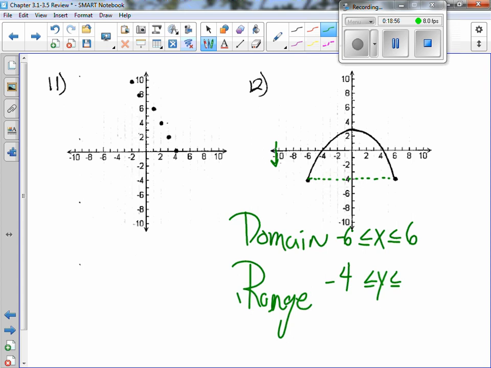As it's coming up this direction, and then... So -4 is less than or equal to y is less than or equal to 3. Because the highest value, the biggest y that we have is 3. And that's it. Questions on this here?